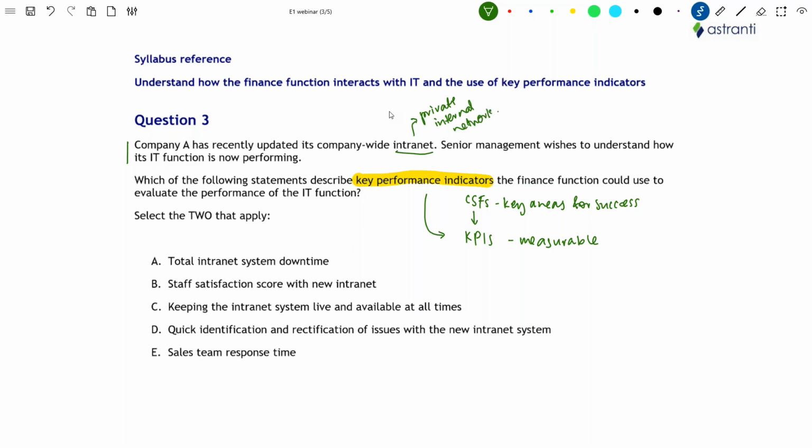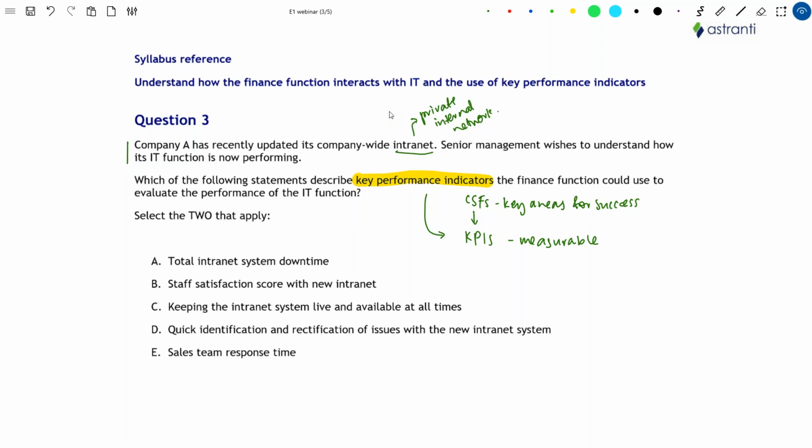Okay, and in this question, senior management wishes to understand how its IT function is now performing since it's updated the intranet. So let's take a look at the options that we've got there. And remember, we're looking for KPIs to measure the IT function's performance. So for option A, we've got the total internet system downtime.